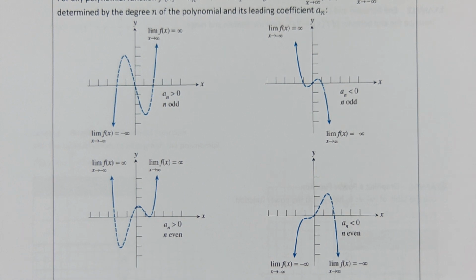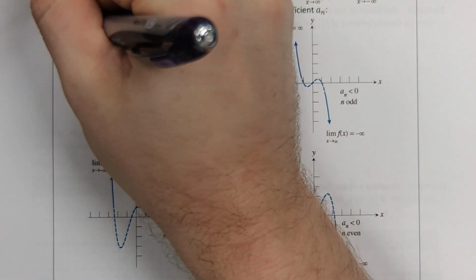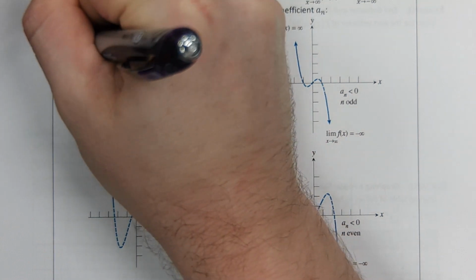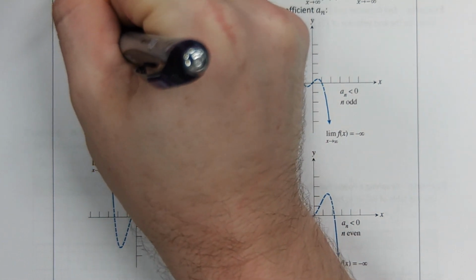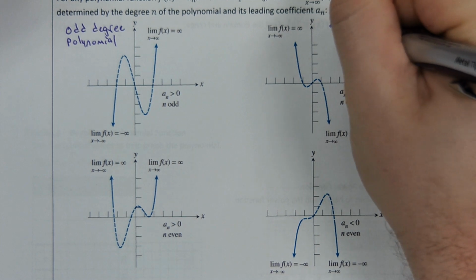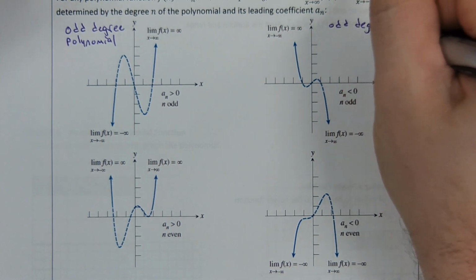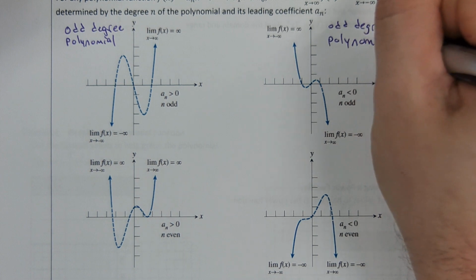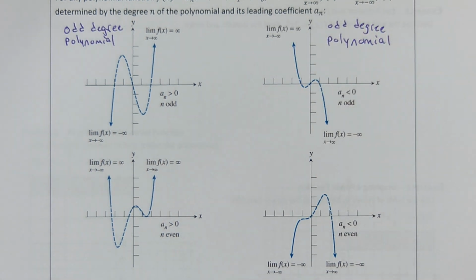So what makes our endings point different directions? Odd degree. If you have an odd degree polynomial, your endings point opposite directions, one up, one down.